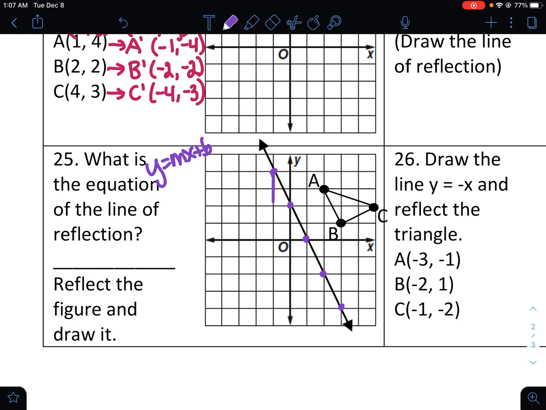So clearly the slope is rise -2, run 1, so the slope is -2 over 1, which equals -2. And then the y-intercept is right there at +2. So this is going to be y equals -2x plus 2.